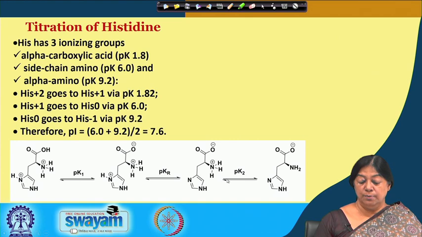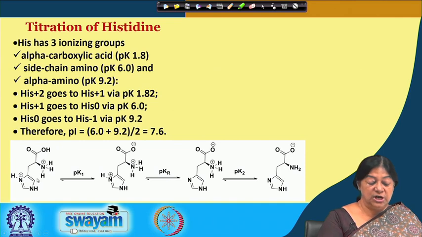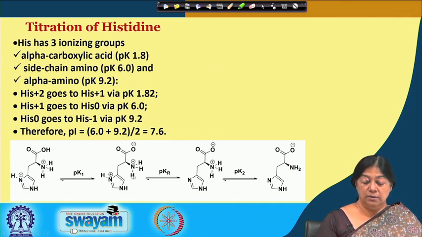Then we go to the pK2 value and we look and see that the loss is going to now be the amino group attached to the alpha carbon. So, we have now NH3 plus going to NH2. So, what are the charges? The charges are +2, +1, 0, -1.